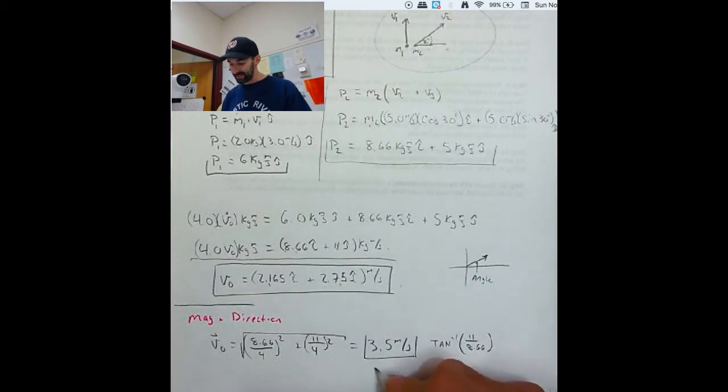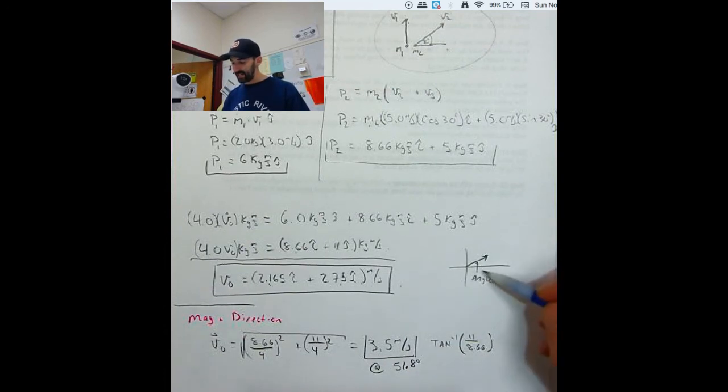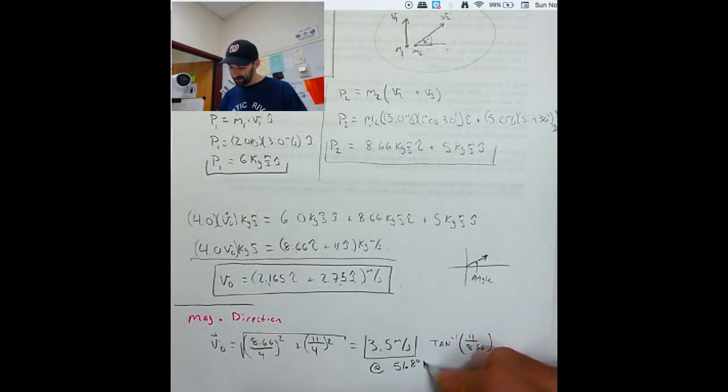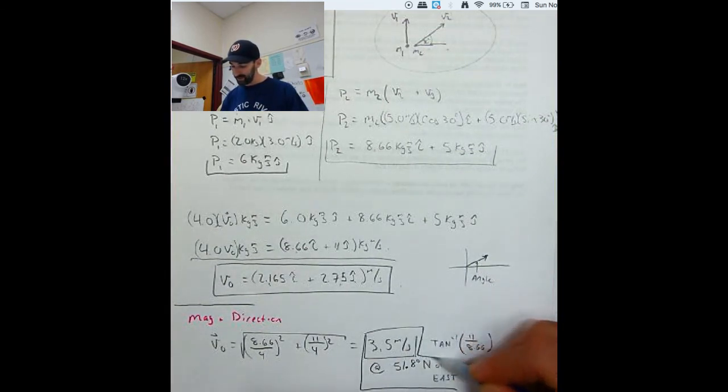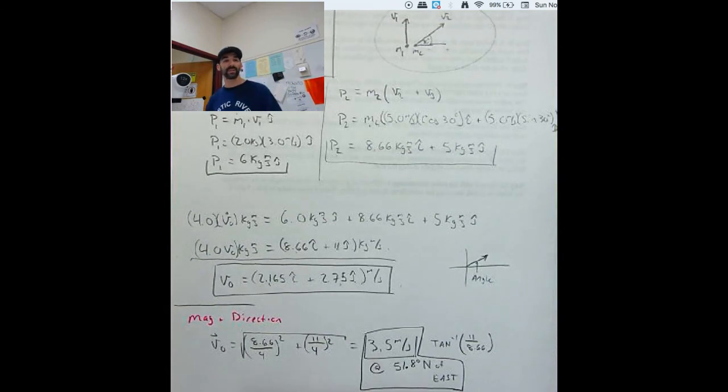So that is at 51.78, or I guess if we're having sig figs, 51.8 degrees, I would say north of east, or simply above the horizontal. So this would also be a final acceptable answer.